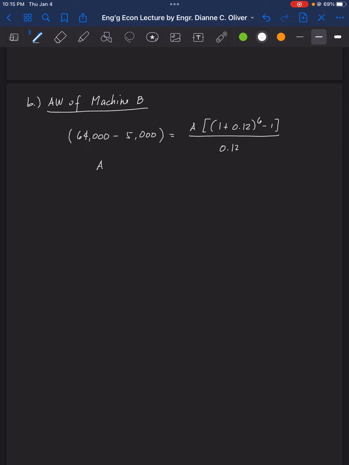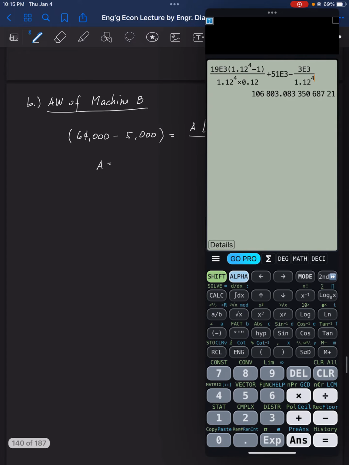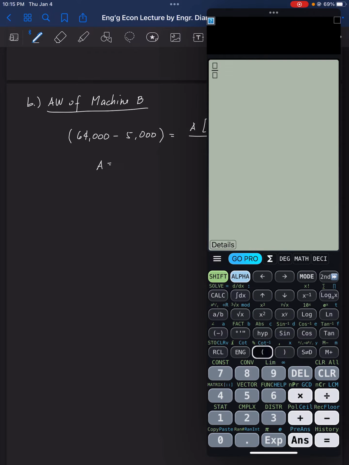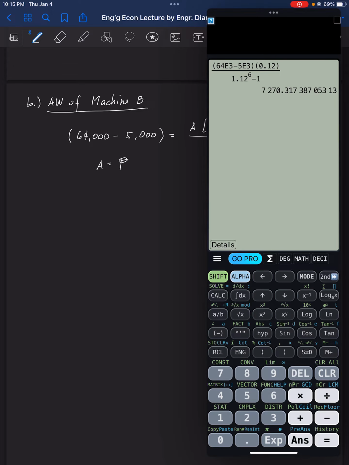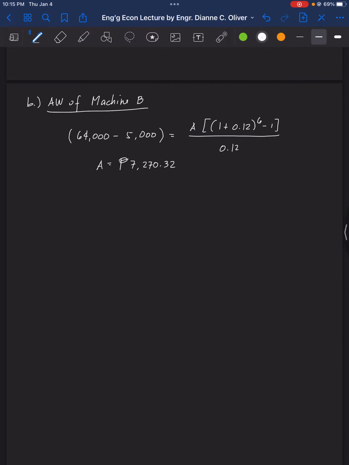Therefore, A or depreciation is equal to 64,000 minus 5,000 times 0.12 over 1.12 raised to 6 minus 1. So 7,270.32. Then, that is depreciation.